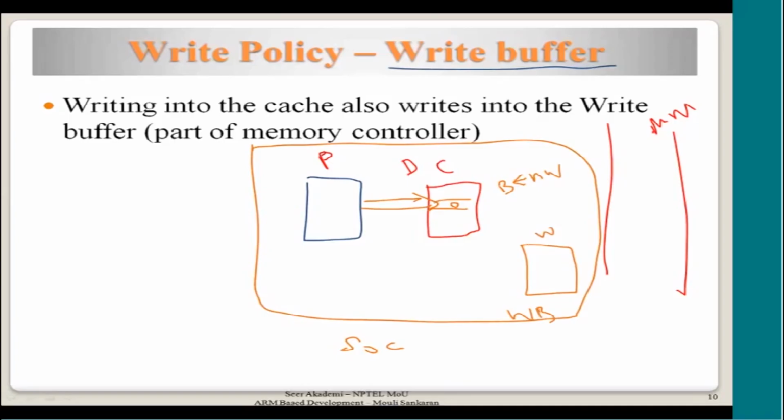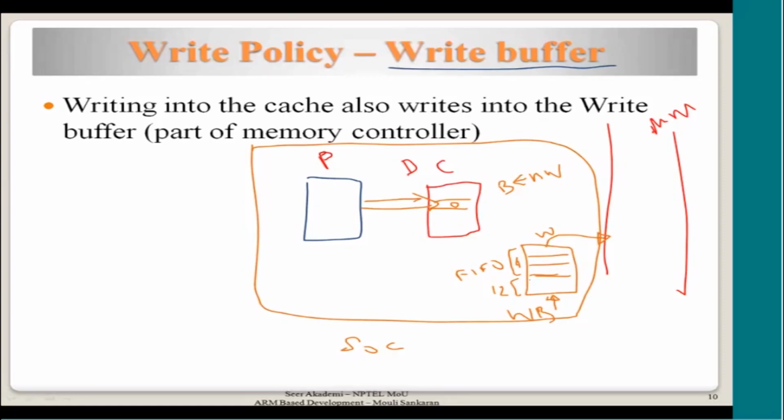So let us assume that the width of the write buffer is one word. Let us assume that it is a FIFO. That means whatever data is written comes here, and then it goes out to main memory like this. Up to this point is filled, and these are all empty. Maybe 4 entries are here, and then 12 entries are here which are free.